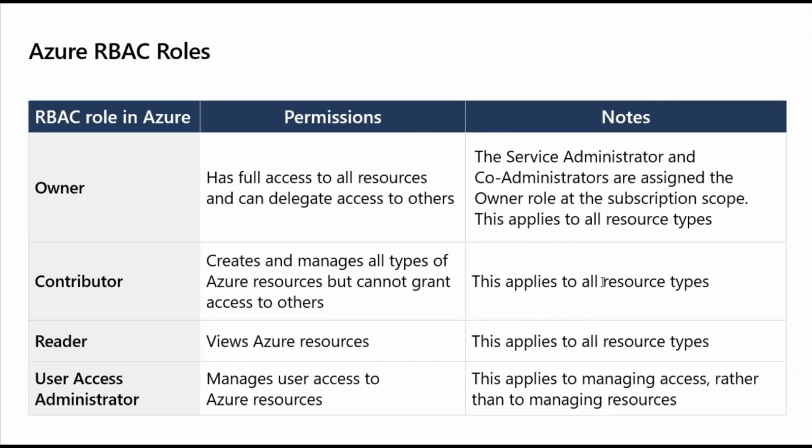Reader views Azure resources. User access administrator manages user access to Azure resources. This applies to managing access rather than managing resources, right? These are the definitions of what each is.